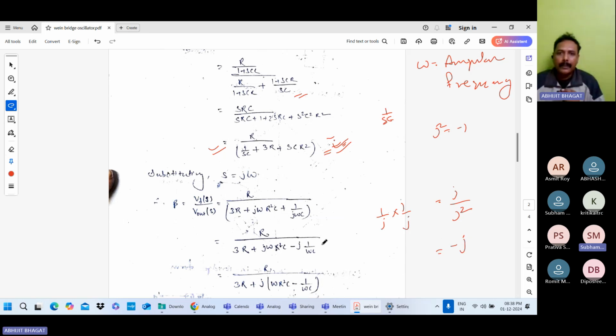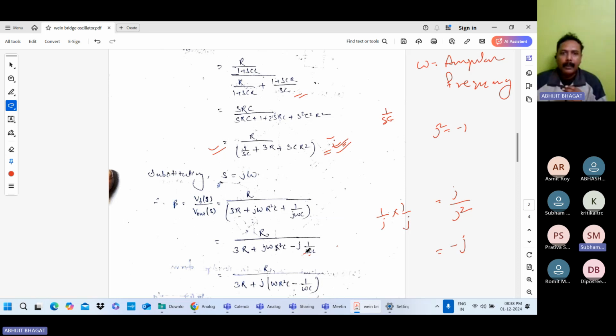So by using this concept, here this 1 by j, j comes up in the numerator, and there is a minus. If you get j in the denominator, just multiply j by j in numerator and denominator, then j square in the denominator becomes minus 1, and j comes to the numerator. So here this is the minus j.